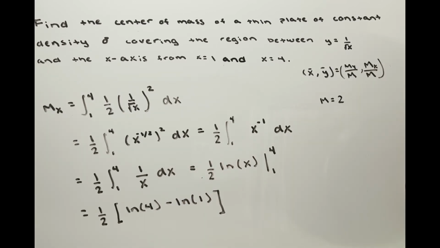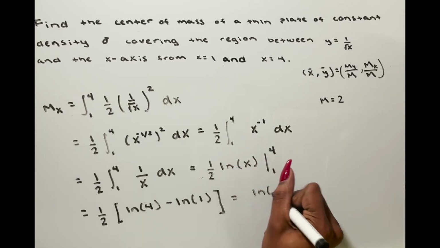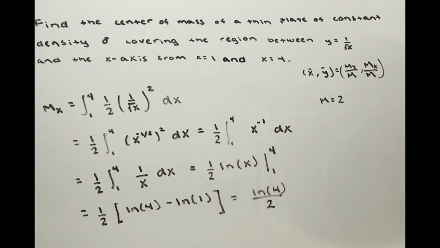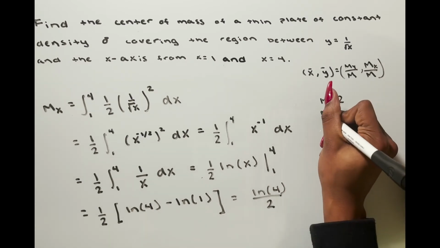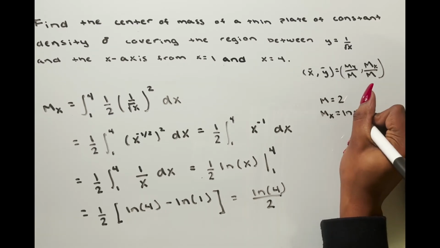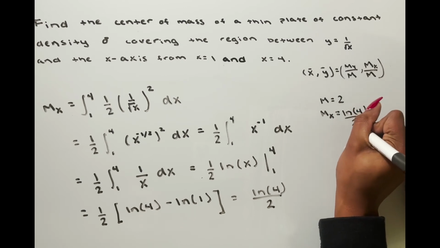Ln of 1 reduces to 0, leaving us with ln of 4 over 2. So we were able to find our m sub x, which equals ln of 4 over 2.